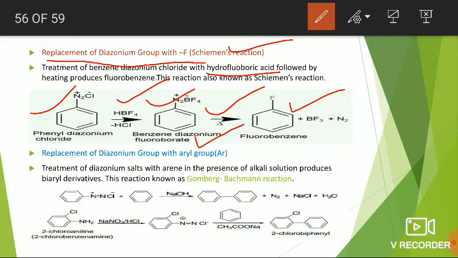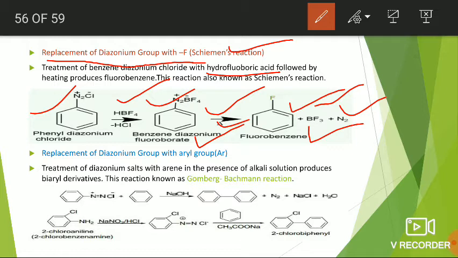This benzene diazonium fluoroborate on heating is converted into fluorobenzene by losing boron trifluoride and nitrogen gas. Okay, this is about the Schiemann reaction, that is conversion of diazonium salt into fluorobenzene.